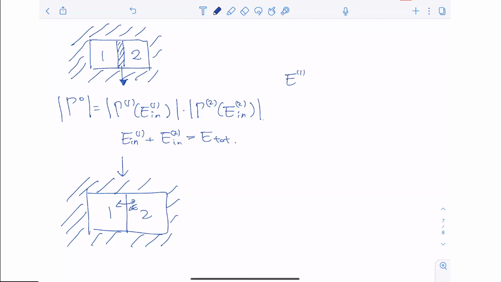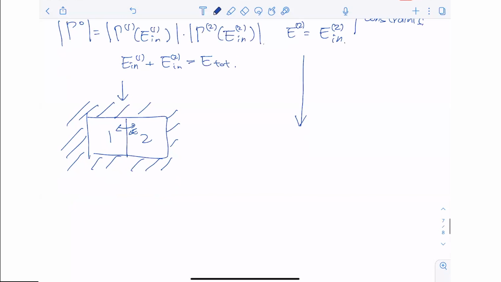That is, we have two constraints. Now, because they can exchange energy with each other, we relax these constraints into a more flexible constraint: the total energy should be conserved.